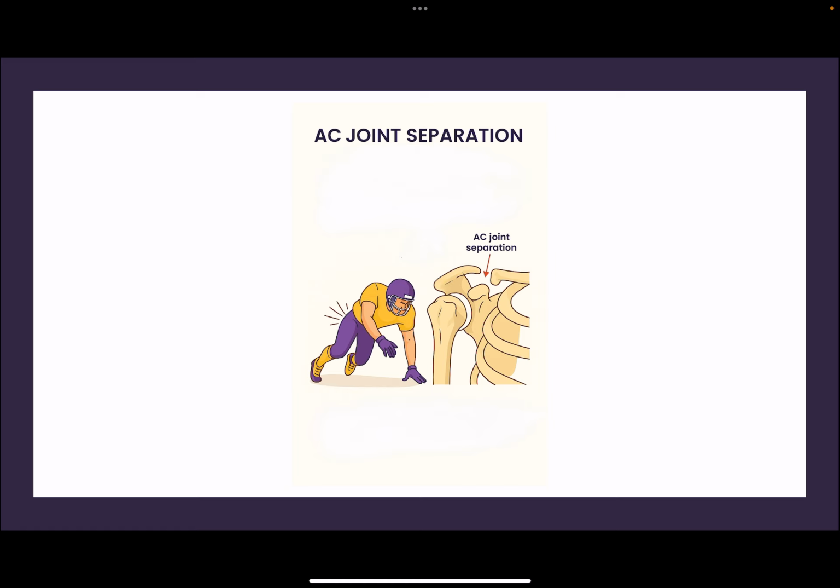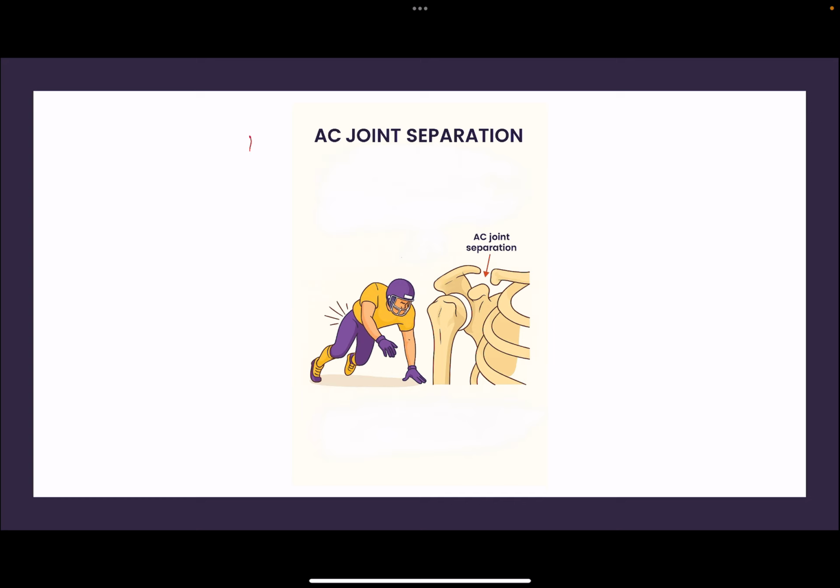In this video, we will cover the anatomy and biomechanics of the AC joint, walk through the Rockwood classification step by step, discuss the evidence-based decision making for management, including the latest guidelines, and finally, go through rehabilitation protocols for both conservative and surgical cases.